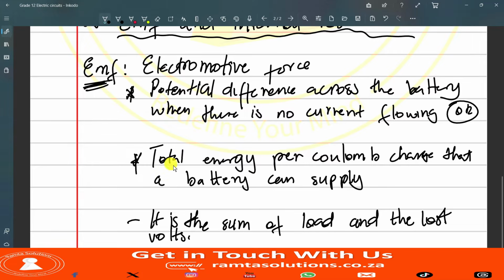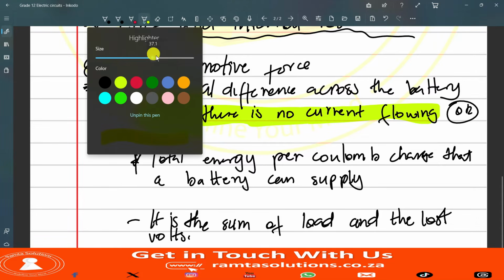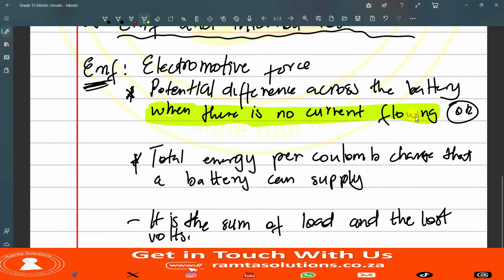I want you to remember something that is very key. I said potential difference across the battery when there is no current flowing. It's important that you remember this: when there is no current flowing.